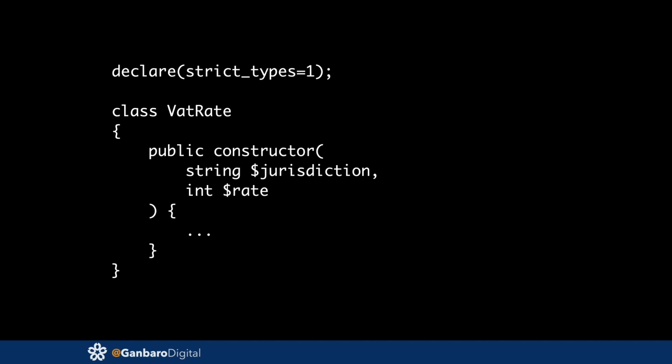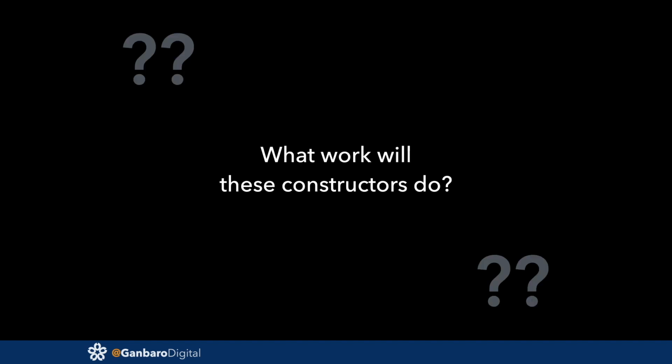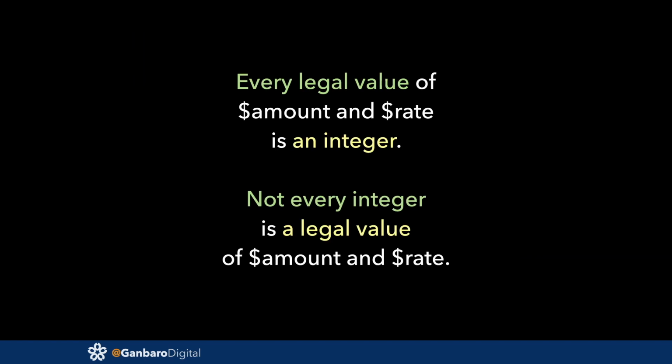Now, you may have noticed I've actually added two parameters to our tax rate type. And that's because I'm preempting the next question we have to answer, which is to look at the work that these constructors are going to do. Now, why do they need to do any work at all? Well, the whole reason we're creating these stricter types comes back to this statement that we said in part 1.